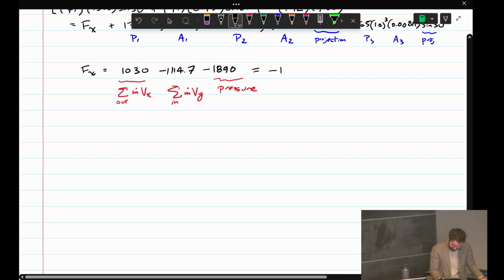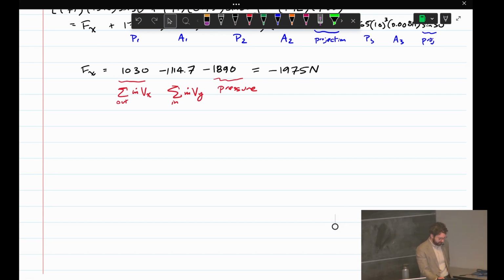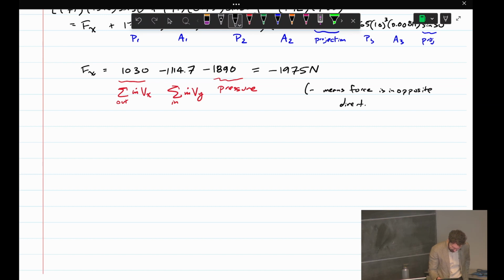Okay. So we get negative 1975 newtons. So that means that the actual force is in the opposite direction.